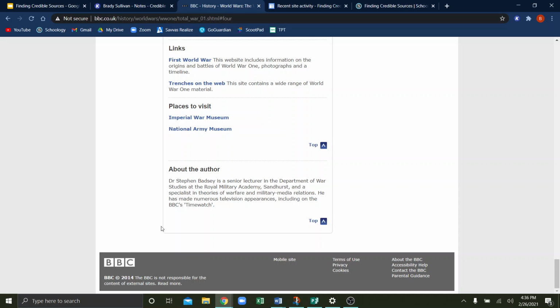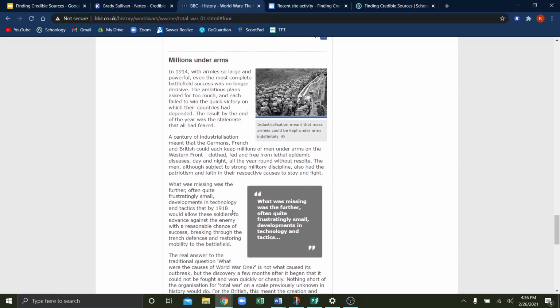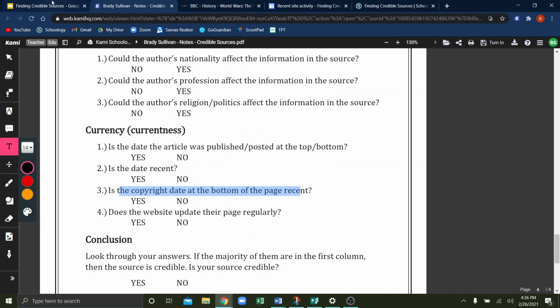Any time a website is updated, they'll change this number. If they were to change it this year, they would change that to 2021. So this website, the BBC, has not touched this article since the year 2014. So is the copyright there? Yes. Is it recent? No. Does the website update their page regularly?